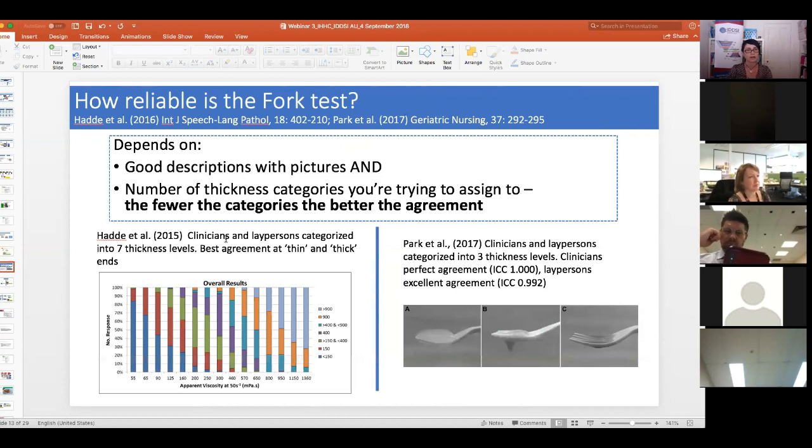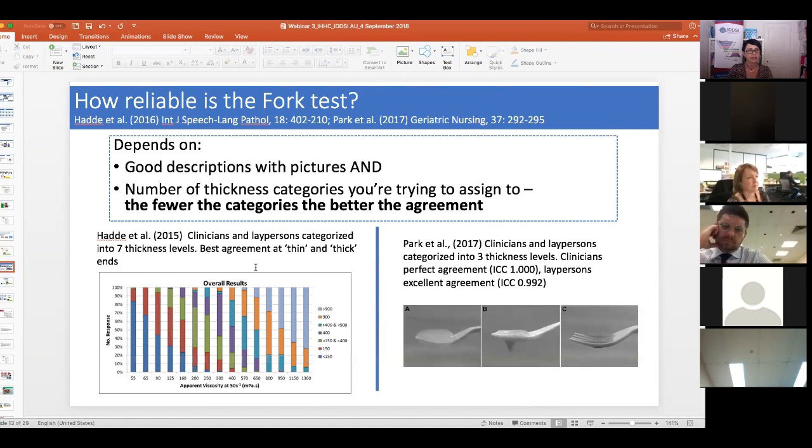So Hattie et al., and it's actually a 2016 publication, provided clinicians and laypersons about 15 different thickened drinks, and they asked them to categorise them into 7 thickness levels, which is quite difficult. So these were Australian thickened liquids.